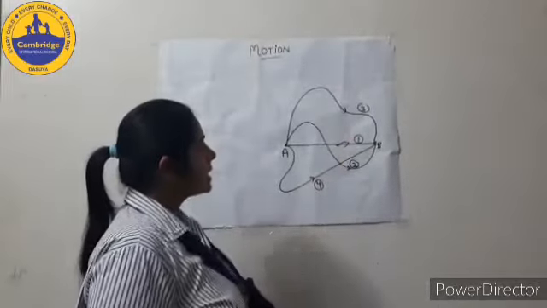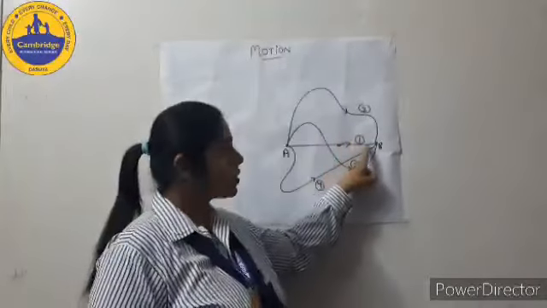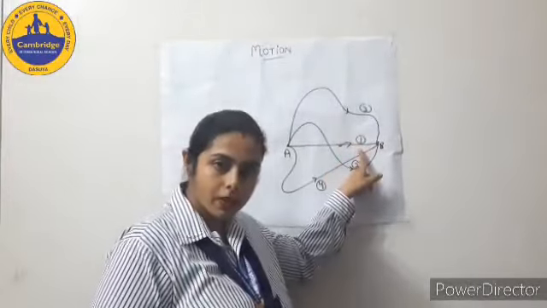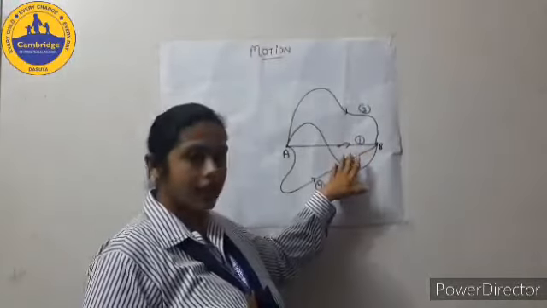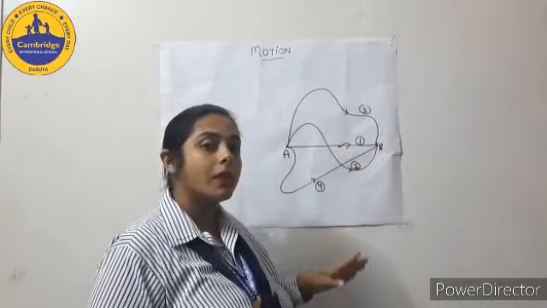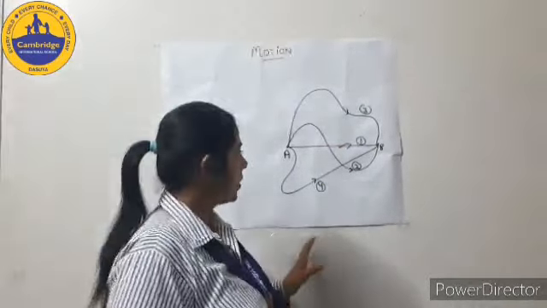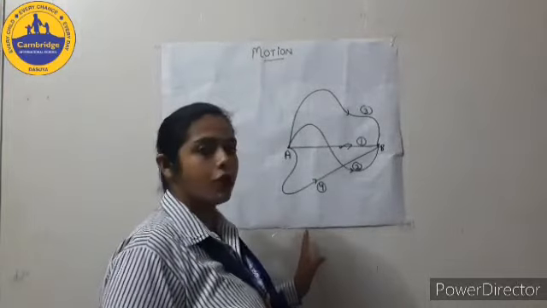Now, this is the actual path, so it is distance. This is the shortest also, so it is displacement. So, from here we can say that if we have the straight path, then the distance and displacement can be same. Okay? Okay, now let's move on to the next slide.